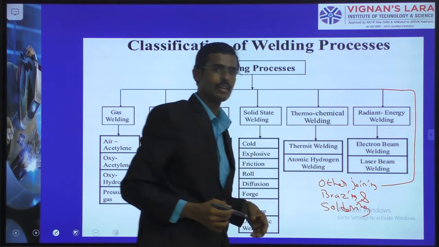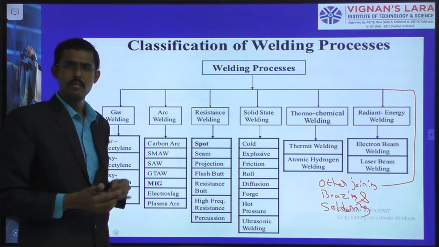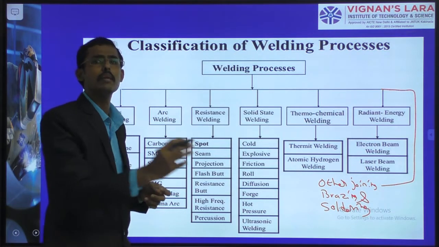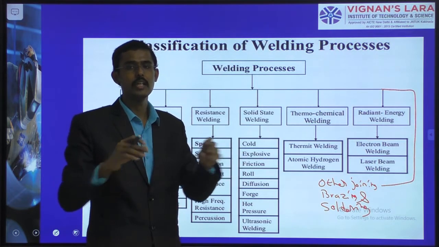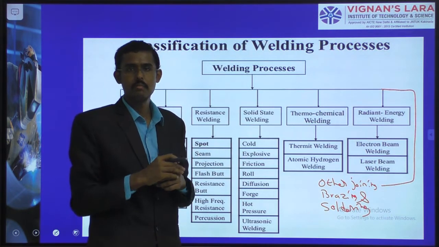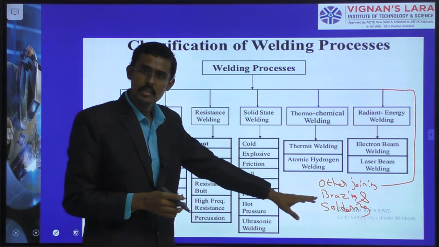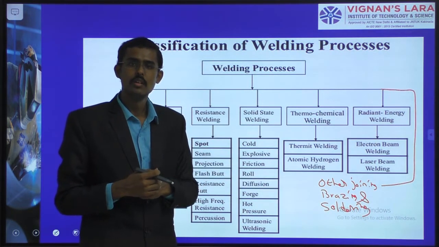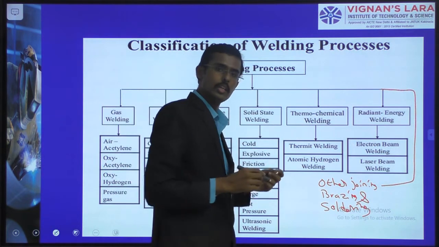So this also comes under our melting categories, but melting only the filler material. Nowhere are we going to affect the base material. We are going to warm it, but no melting occurs on the base material. Only melting of the filler metal occurs. How can I differentiate these?